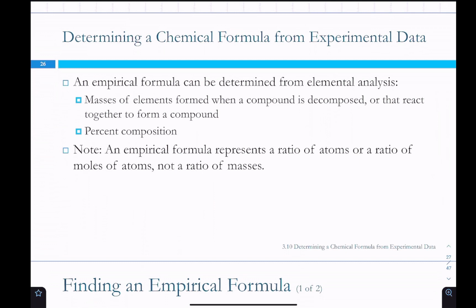So we can kind of do this process, in a sense, in reverse for empirical formulas. If we know the formula, we can calculate what percent mass of a compound that's supposed to be, because there's that specific ratio between all of these atoms in a compound. Because of that ratio, it goes both ways.